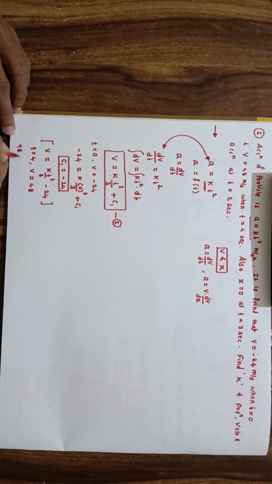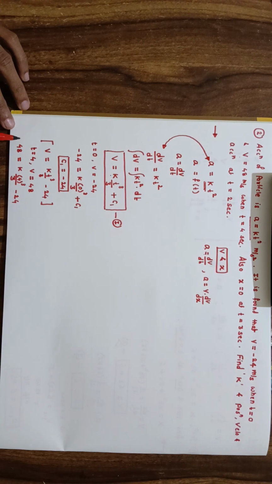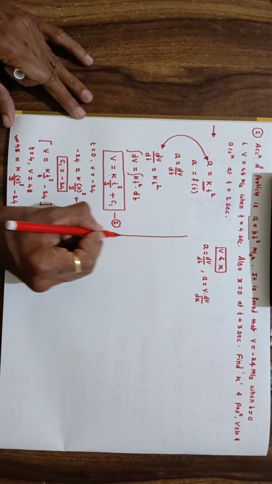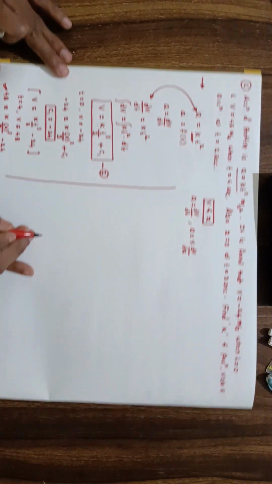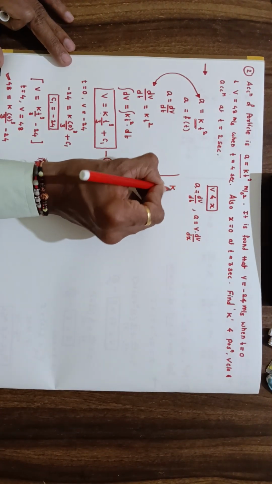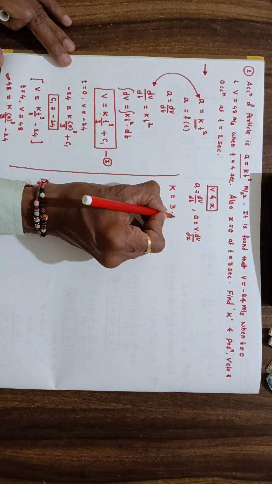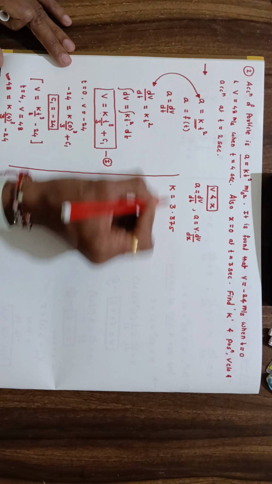So 48 is equal to k into 4 cube upon 3 minus 24. Okay, now if you solve this equation, then you can find out the value of k. So the value of k is equal to 3.375.